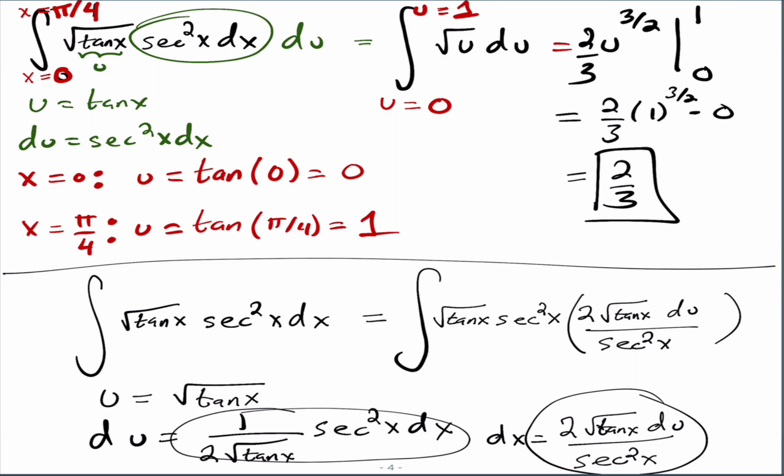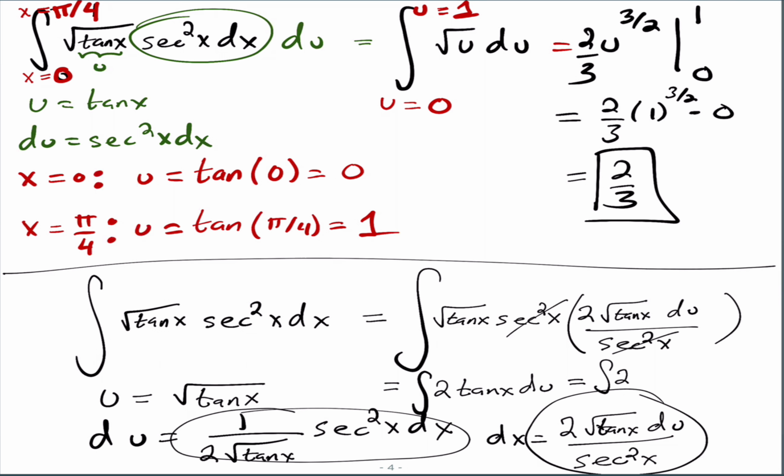So now what do I get? So secant squared x cancels, right? And then I end up with, oh, I wish I had more room here. Well, okay. So this is equal to the integral of 2 tangent x du. Okay, well, what's tangent x equal to? So this is actually a very good question.